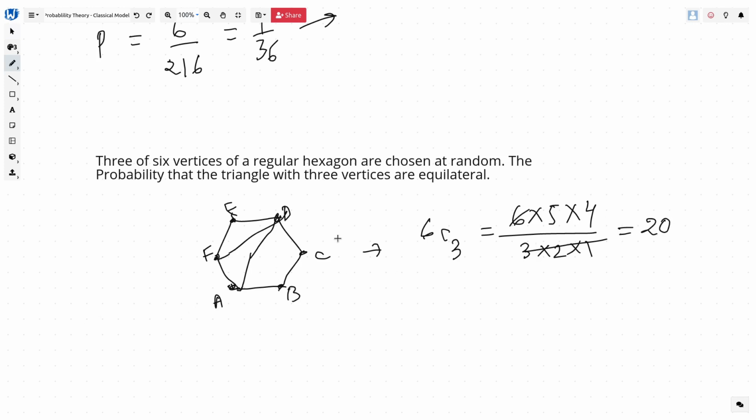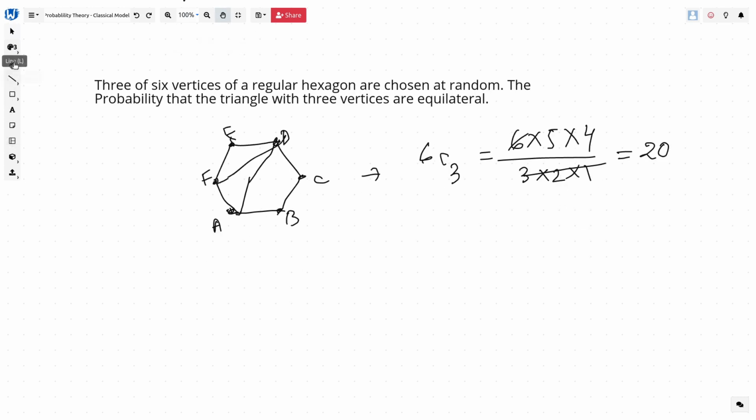Now, let's look at what the possible ways are if the vertices are chosen and the triangle is equilateral, right? So we draw this hexagon. So this is again our hexagon. Equilateral means all the sides are equal. So if you have chosen AFD, then you can see that this side is smaller, right?